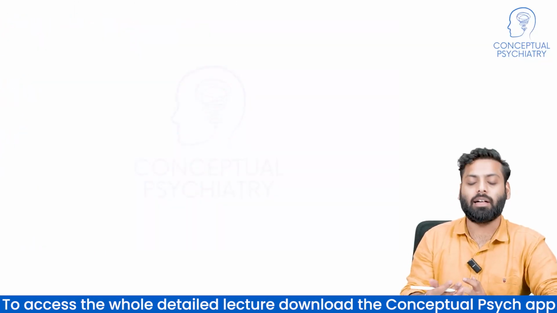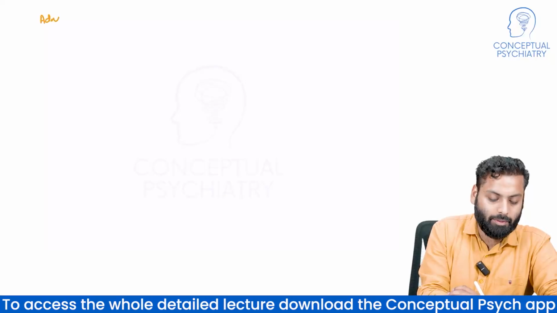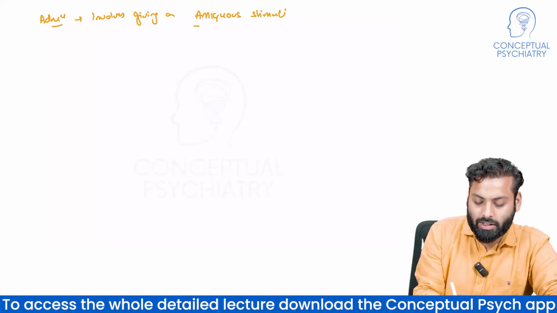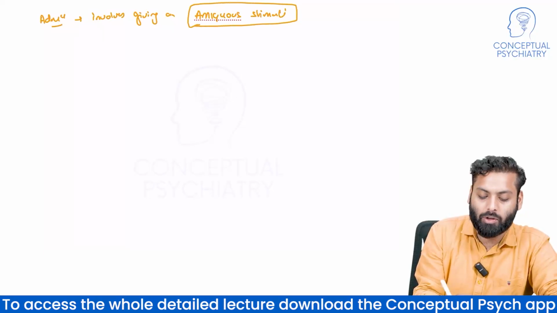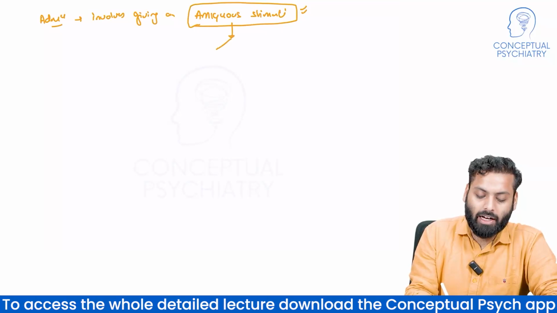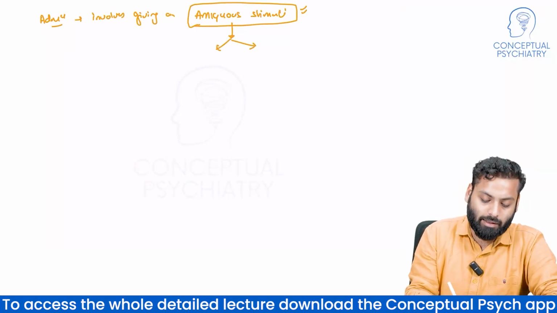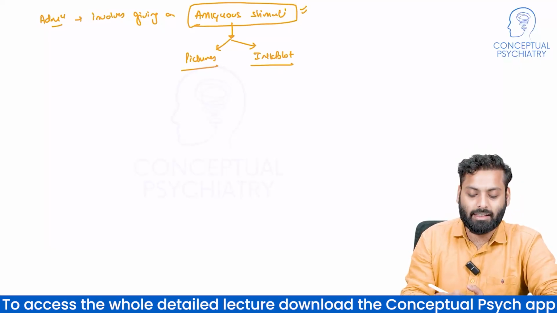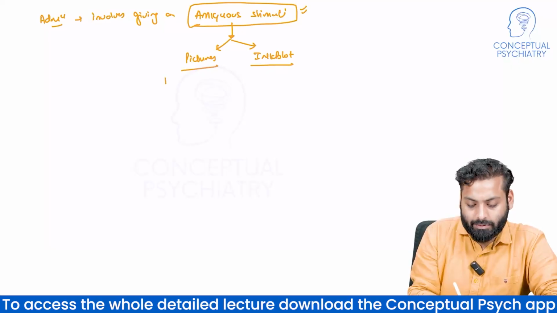Then what occurs in the test? Administration. It involves giving an ambiguous stimuli. So the patient or the subject is given an ambiguous stimuli. What kind of ambiguous stimuli? Like some ambiguous picture, like some inkblots.